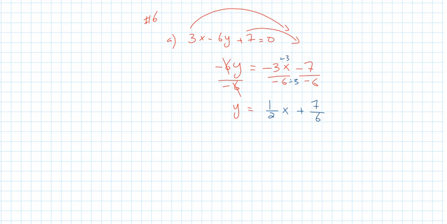And to reduce fractions, you're always looking for a number that you can divide both top and bottom by. You should know that 0.5 is 1 over 2. That's an easy one. But for the other ones, you always have to look. If you have, let's say, 21 over 7, that's easy.